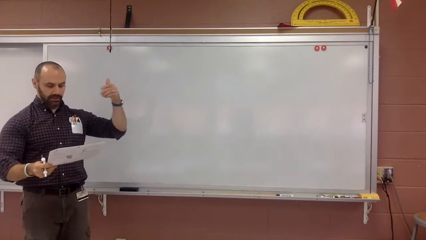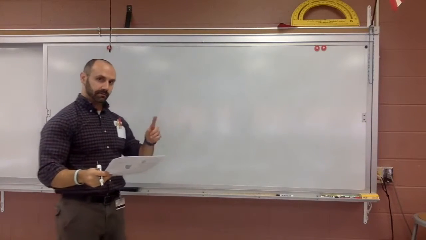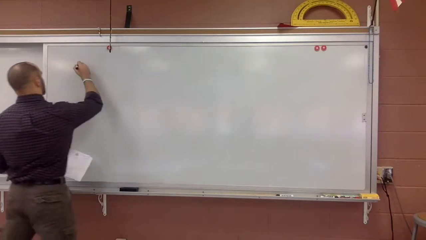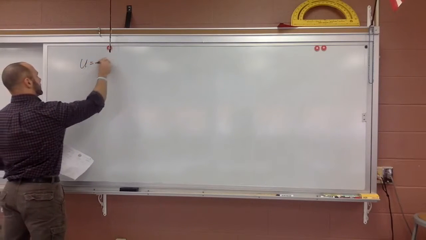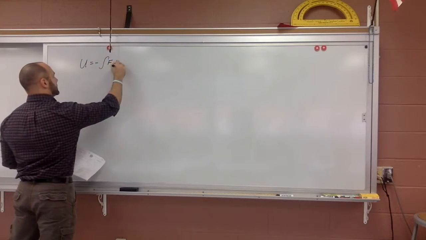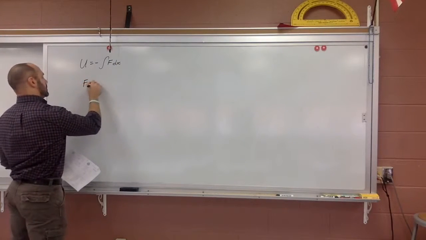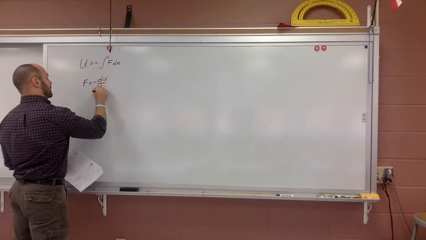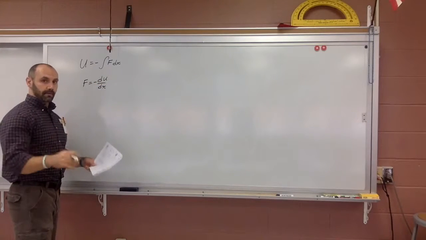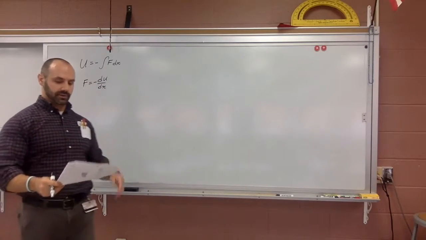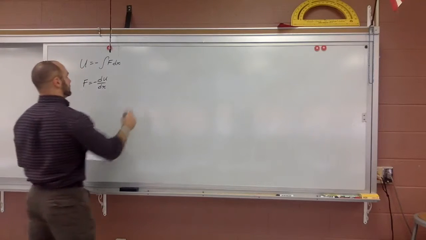So now, gravitational potential energy. Keep in mind that U was negative integral f dx, or as a function, because f was the negative of dU dx, right? And so gravitational potential energy is given by this.